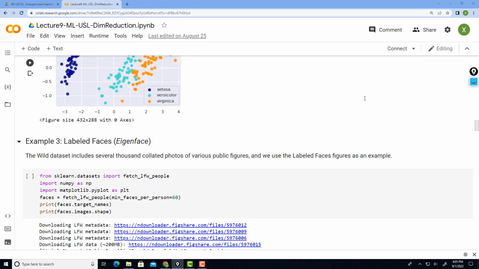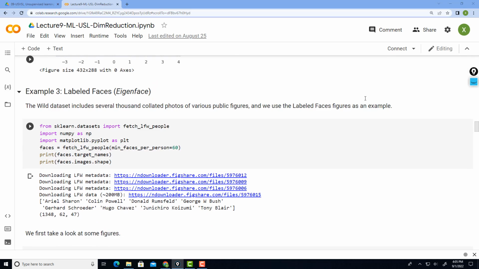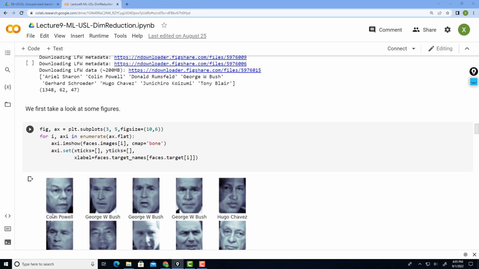So actually this one, we indeed used for the support vector machine example. So we actually talked about this. Again, this problem is basically trying to recognize faces based on the image pixel values.